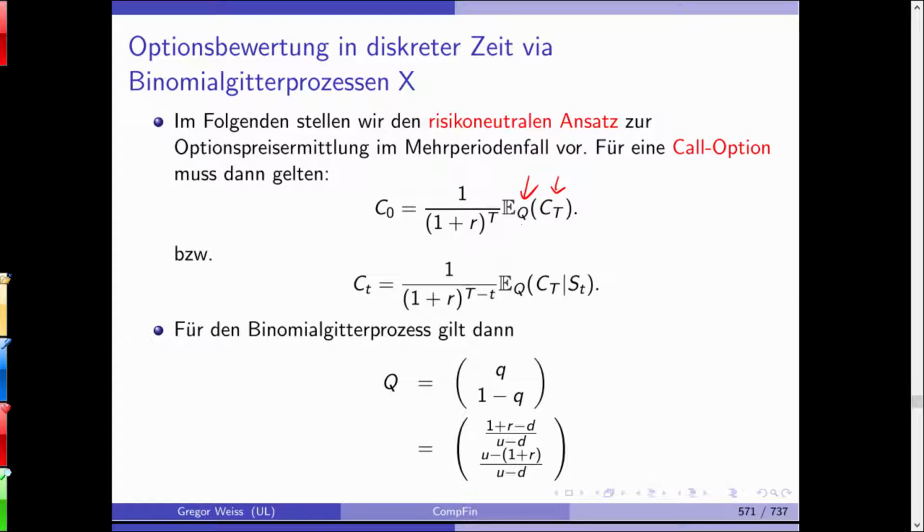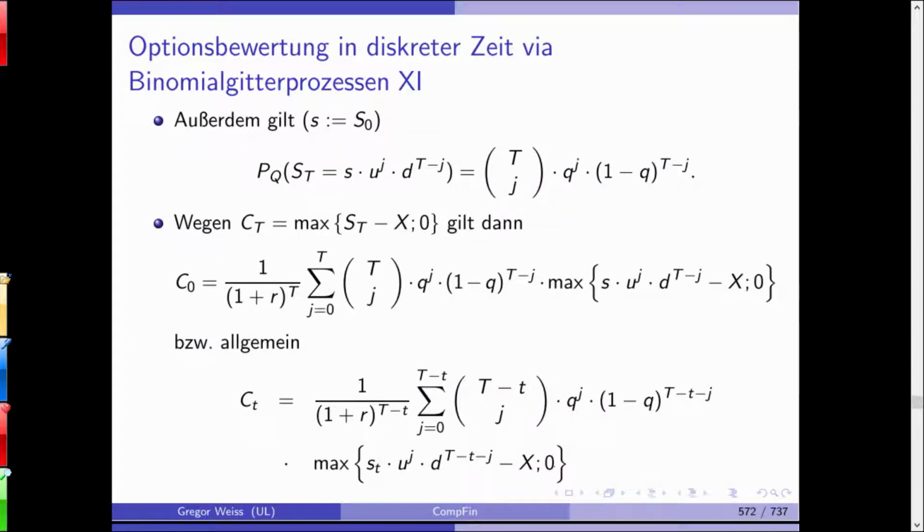So we need those probabilities Q. We are discounting with the risk-free rate, and we know the future potential payouts of the option. Now for the binomial process, for this two-state model, you can show that Q and 1 minus Q are given by these terms here. And what do we do next?